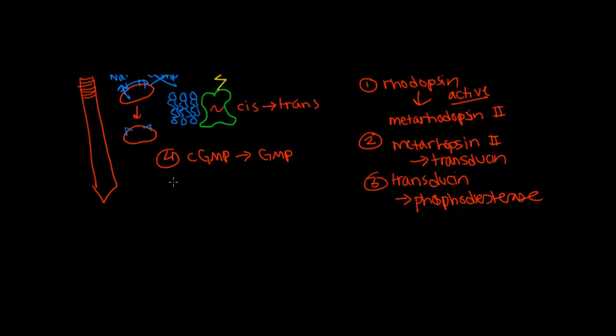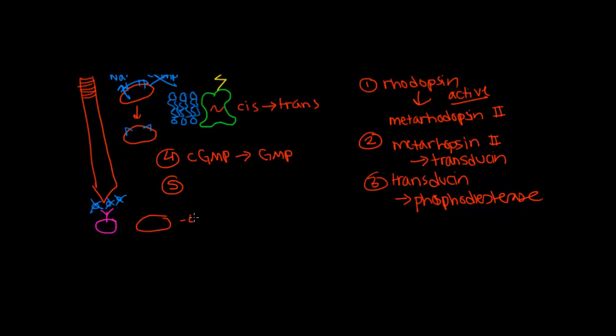Less sodium is going into the cytoplasm, so the dark current is reduced. That means that less neurotransmitter is being sent to that bipolar cell, slowing down the whole process once that cyclic GMP is gone. So once the dark current is reduced, the membrane potential hyperpolarizes.